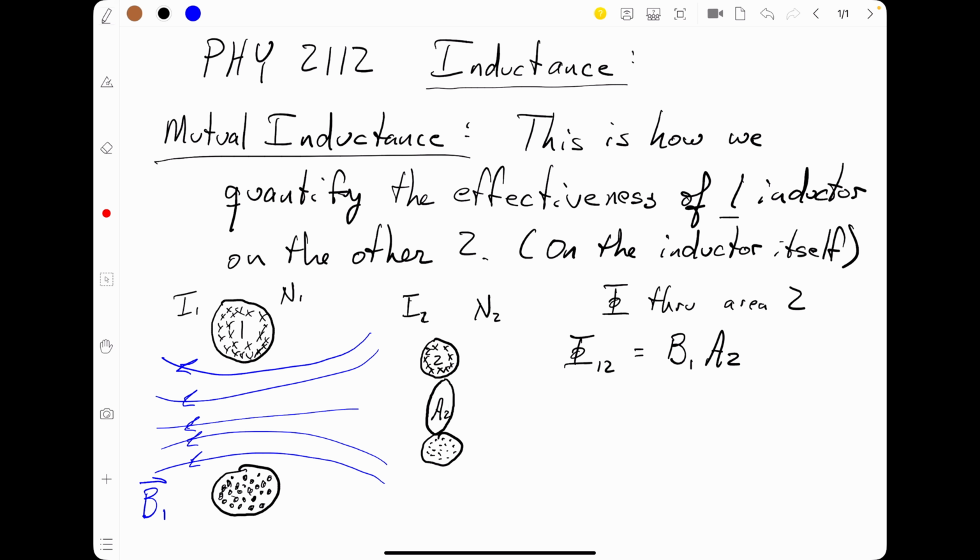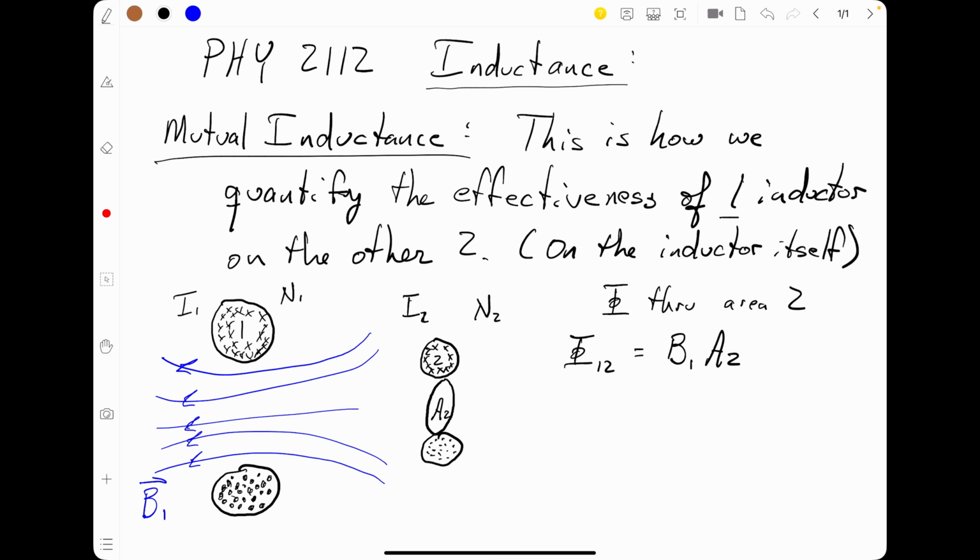So I1 generates that B field, okay? So this is number 1 affecting number 2, okay? All right. So it's always 1 acting on 2, okay, for me.